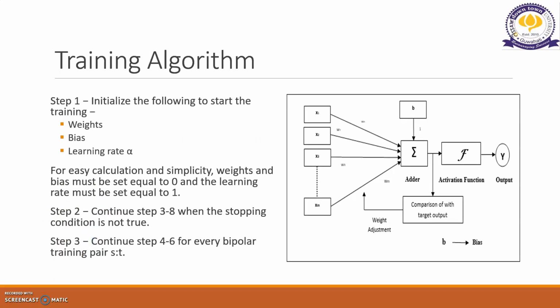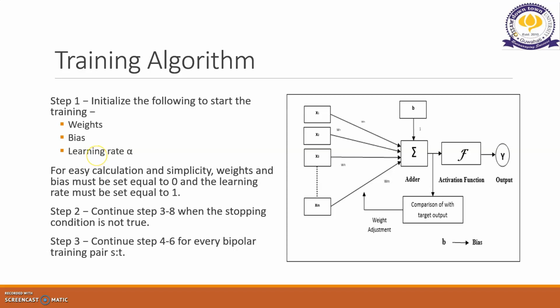So, the training algorithm. For any neural network training, you have to initialize 3 parameters beforehand. Those are weights, bias, and learning rate. For simplicity, you just initialize weights and bias to be 0 and learning rate set to be 1.